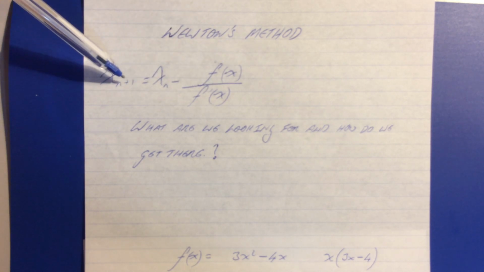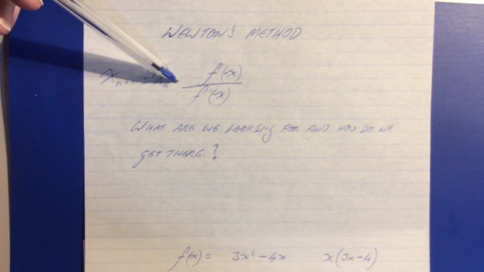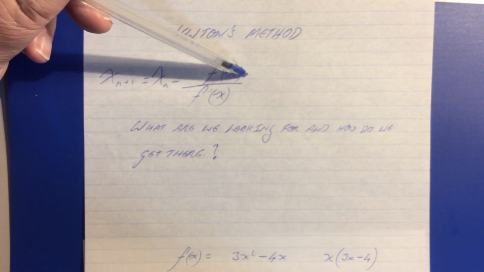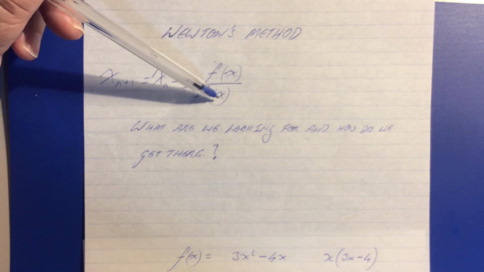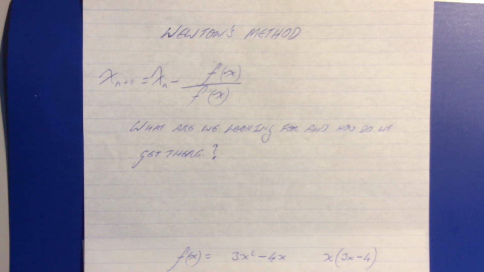And that new value is this. And so x(n+1) will equal x(n) minus the function of x(n) over the derivative of x(n). That's basically how a sequence works.